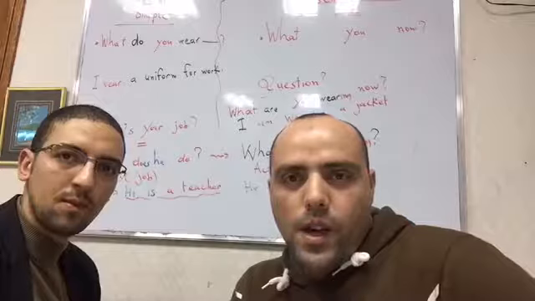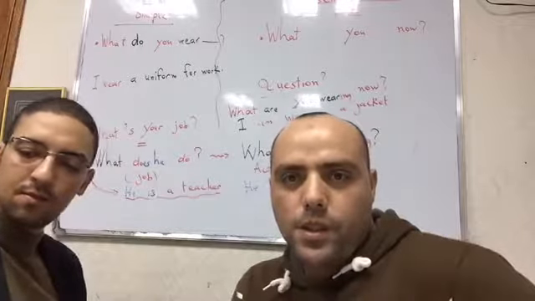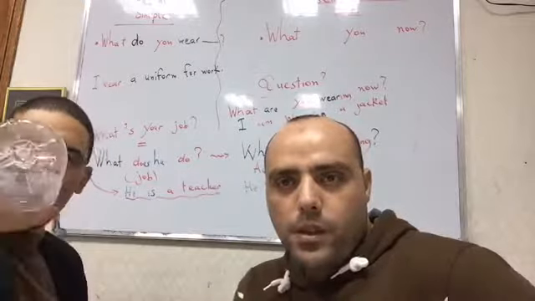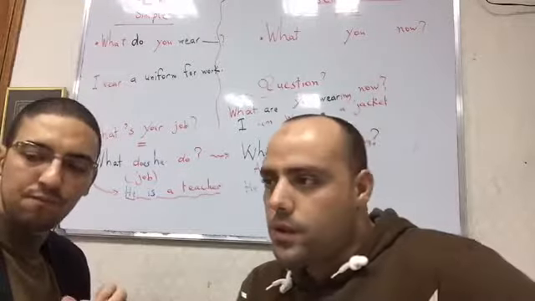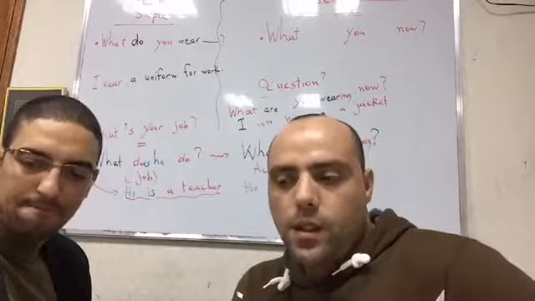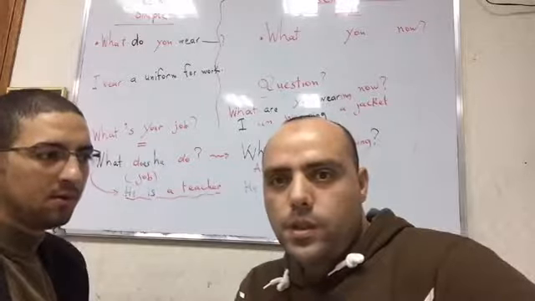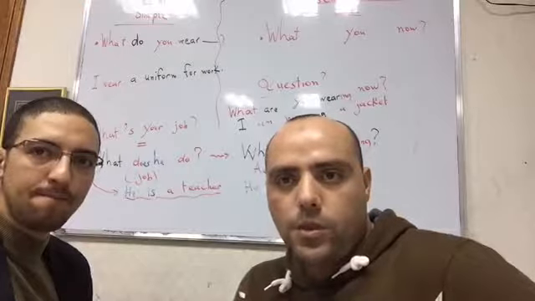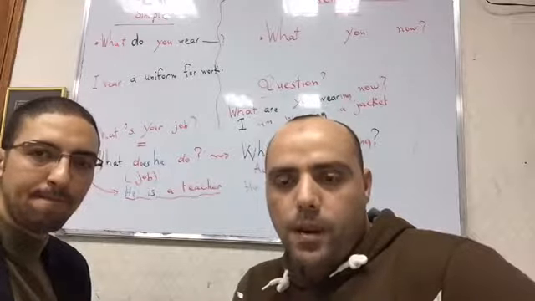But if you have questions about the present continuous tense, which has been the main topic for today, to sum this up, I can say that we tend to use the present continuous tense to express an action which is happening right now, at the moment of talking.